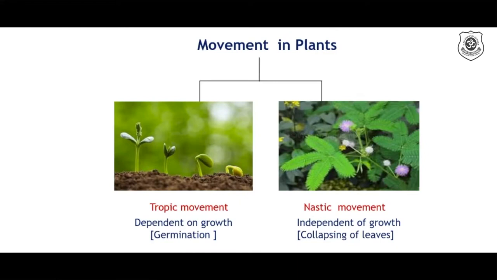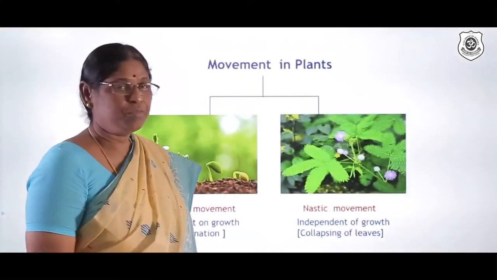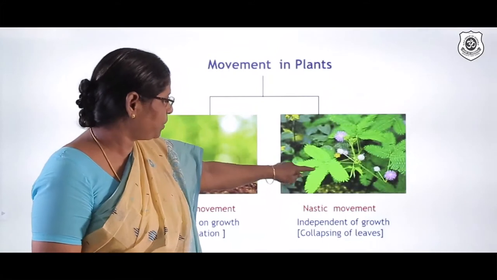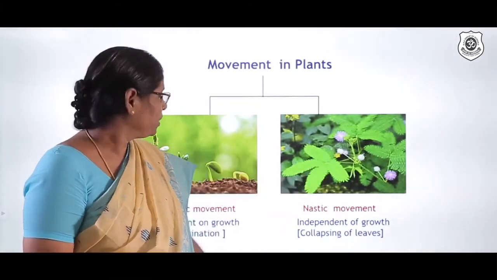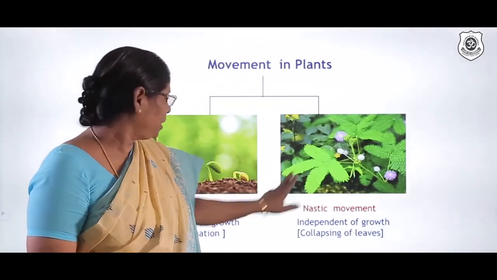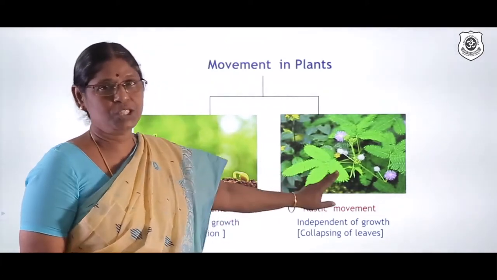In the case of the first picture, you see here seeds germinating. This is one kind of movement, and here this is a picture of a touch-me-not plant which shows movement. And this is also a movement, but there is some difference between these two movements.